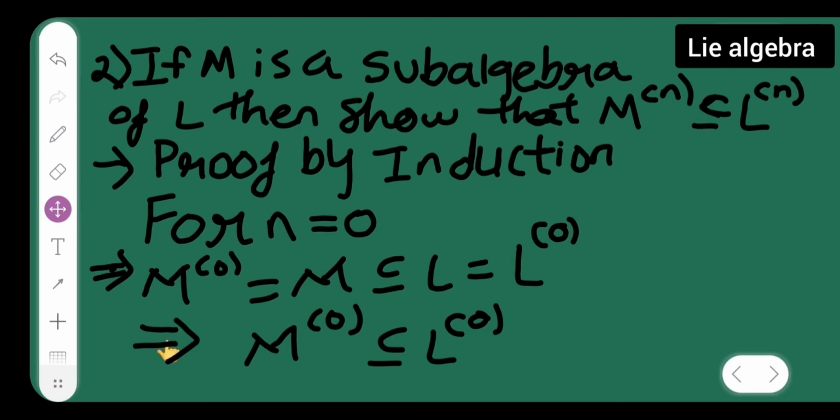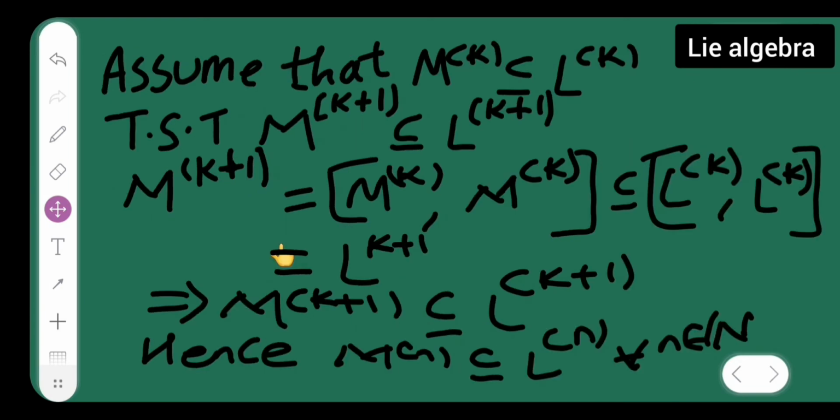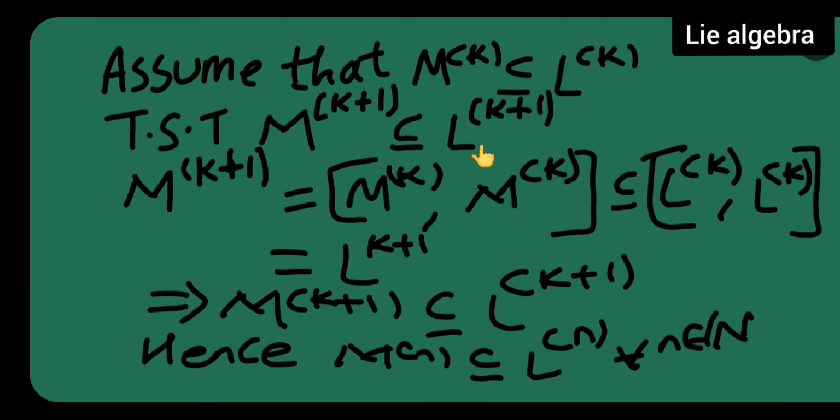And now this implies M to the power 0 is a subset of L to the power 0. Next, you have assumed that M to the power k is a subset of L to the power k. Now to show that M to the power k plus 1 is a subset of L to the power k plus 1.